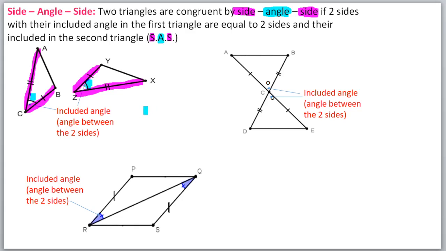Congruent means identical, for anyone who doesn't know what congruent means. Okay, again, look at this shape here. In this shape we have this side equal to this side, given, this side equal to this side, given, and this angle equal to this angle by vertically opposite angles.